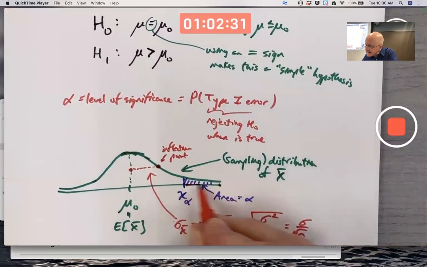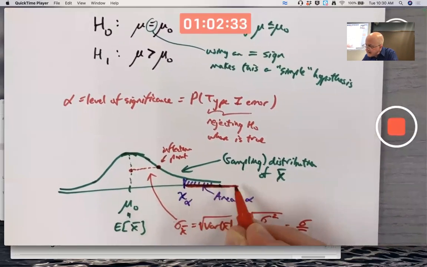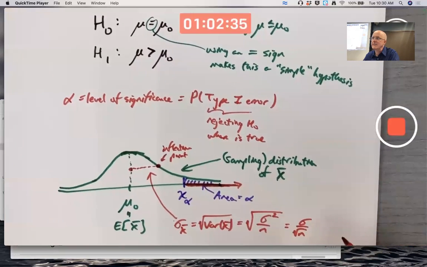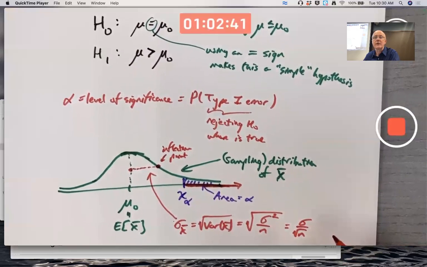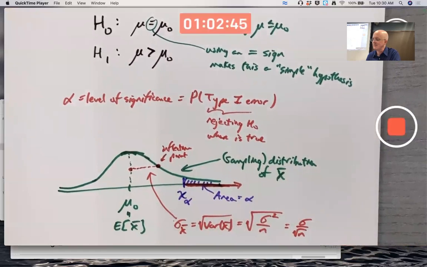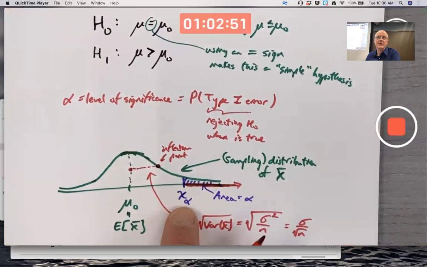The values of X along the number line to the right of X sub alpha are going to be the values of X that lead to rejecting the null. So we call it a rejection region. We also call it a critical region because it is critical for solving the problem, you might say. And the boundary point there is sometimes called the critical point, critical number, or critical value.